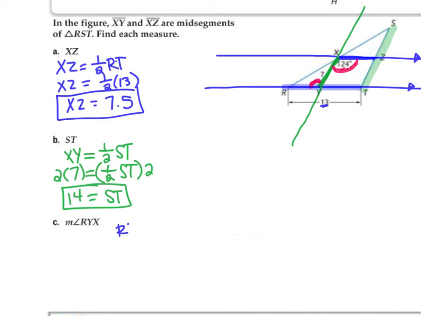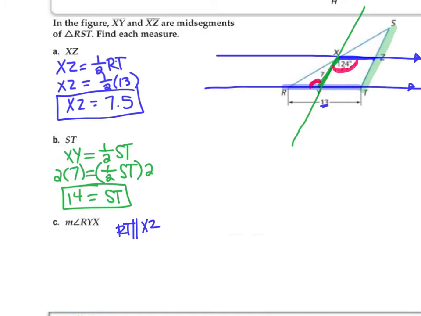Let's make a note of what we did. So RT and XZ are parallel. Okay, and then let's see. We have this pink angle here and this pink angle here. When we're thinking of two parallel lines being cut by a transversal, we can say that their alternate interior angles are congruent.